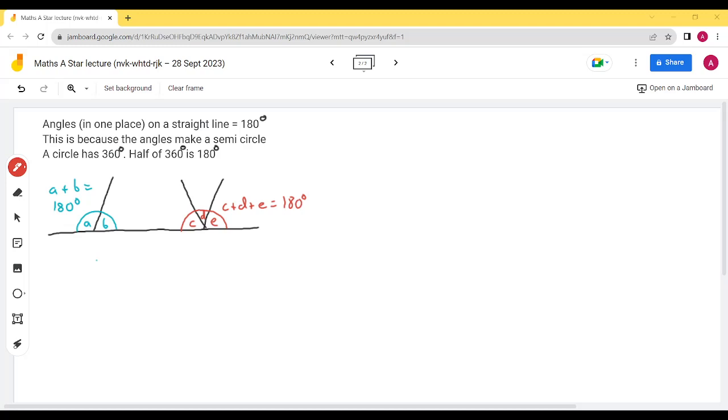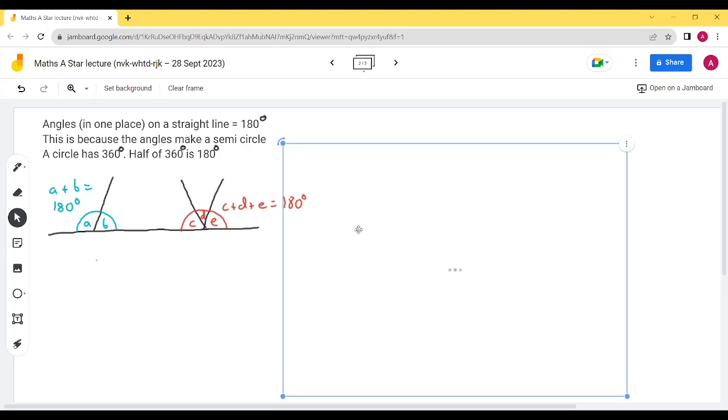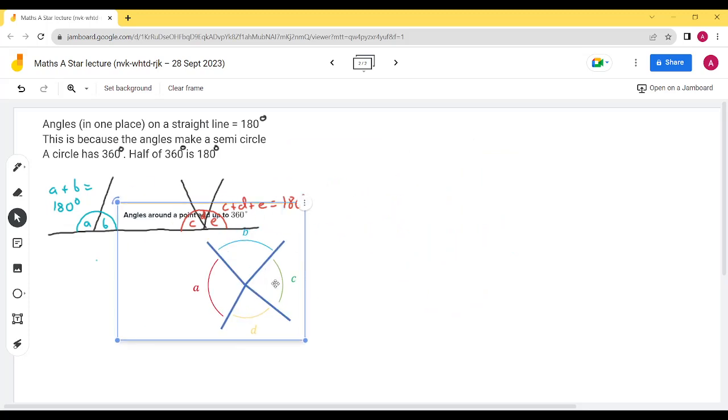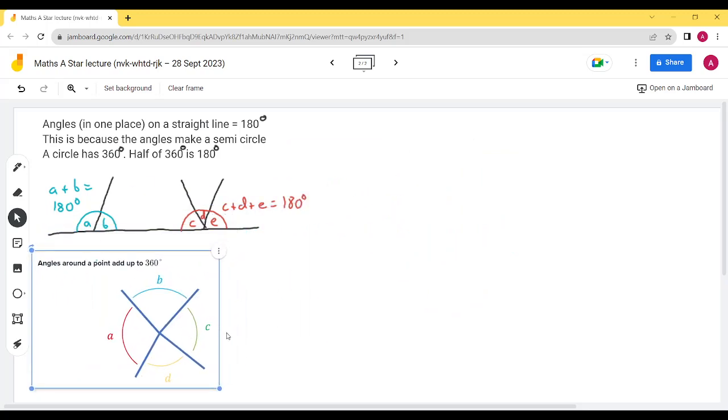And then just as angles in a straight line equal 180, angles on a point is double this. So angles on a point equal 360 degrees.